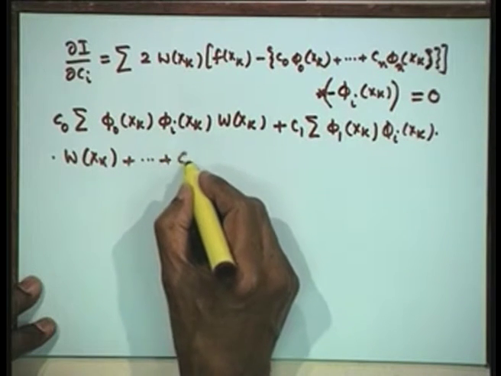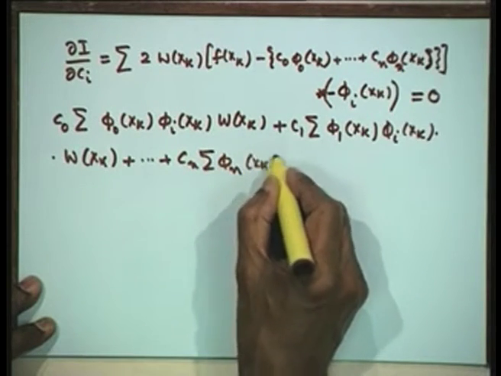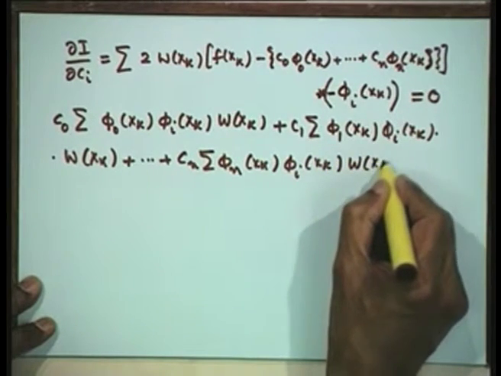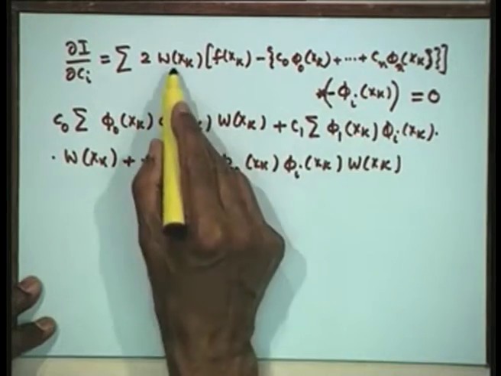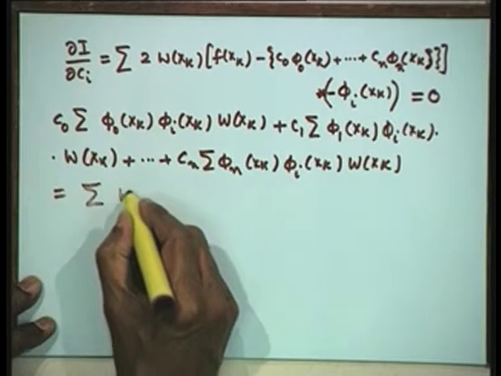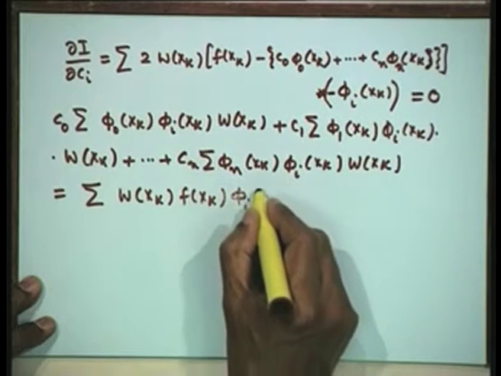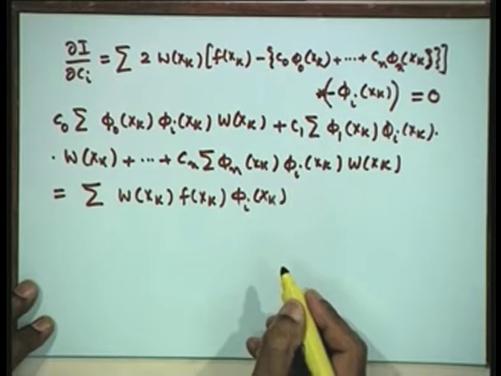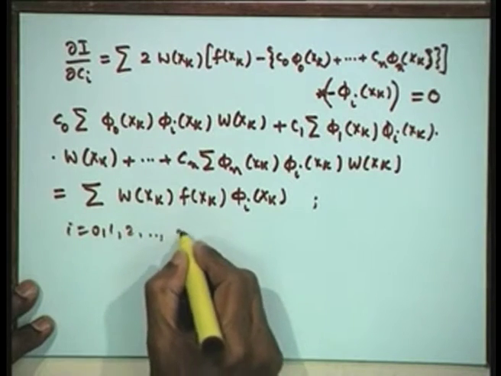The last term will be C n phi n of x k, phi i of x k into w x k. This is the left hand side that we have written, and this term f x k goes to the right hand side. So, I can write this as summation of w x k f x k phi i x k, and i running from 0, 1, to n.